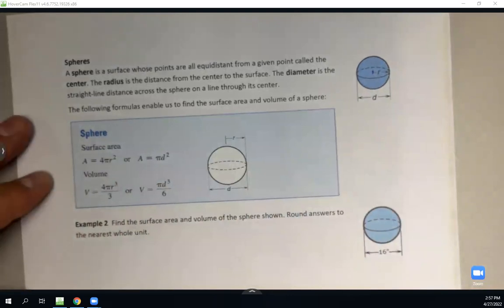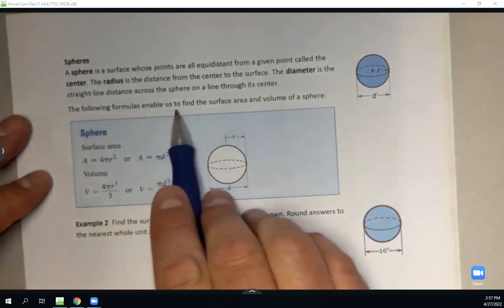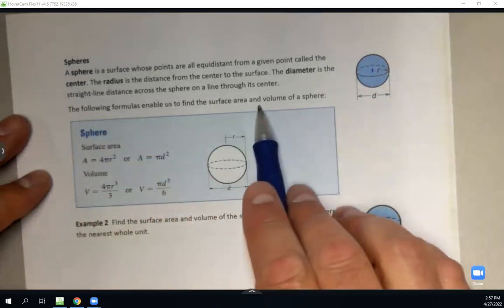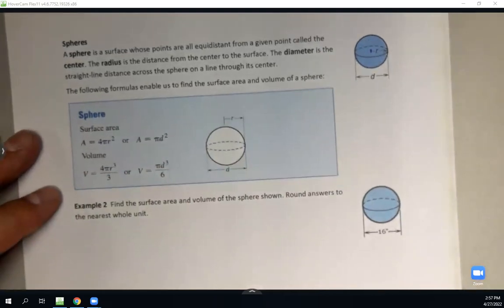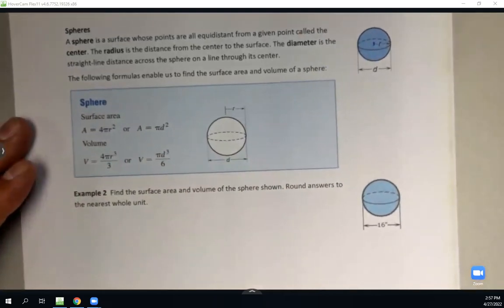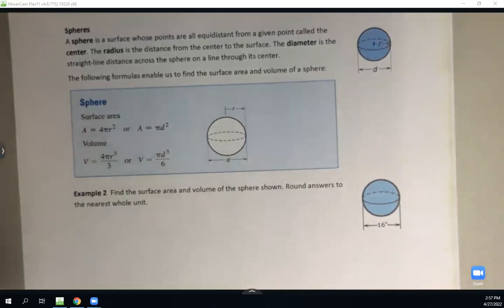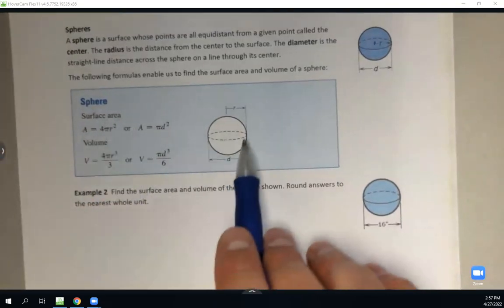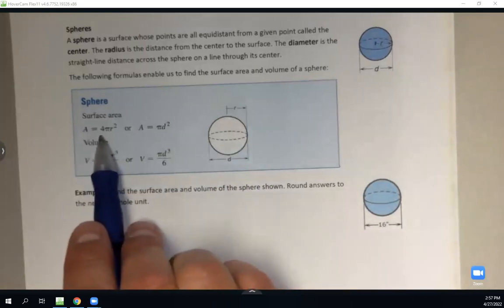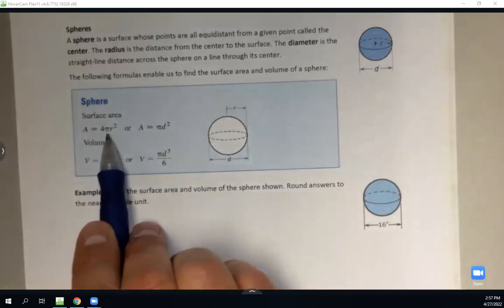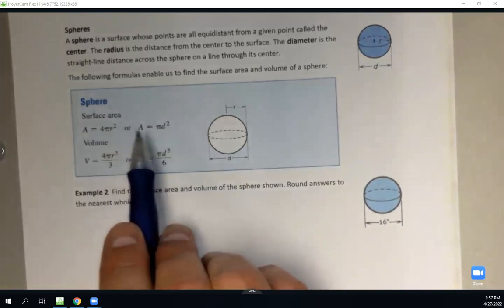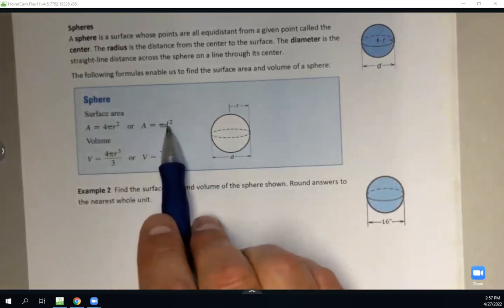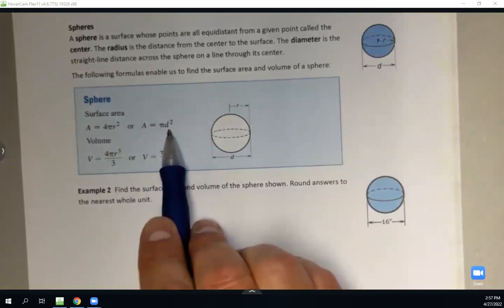The following formulas enable us to find the surface area and the volume of a sphere. Now we don't really have a lateral surface area on a sphere, right? We just kind of have a total surface area. So the surface area of a sphere is 4 times pi times the radius squared. Or if you prefer, it's pi times the diameter squared.